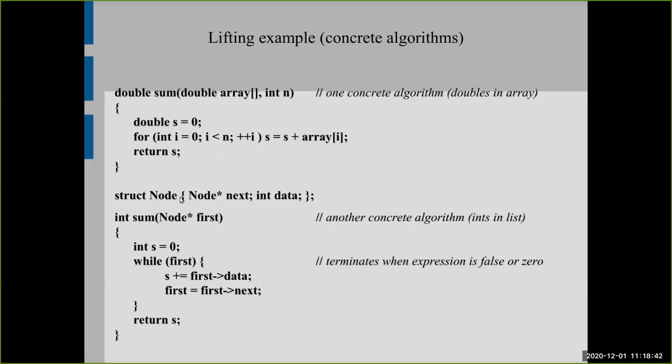And now the same algorithm looks different because I have to perform it until I get to the last element on the list. And here I have to get access to the data field.